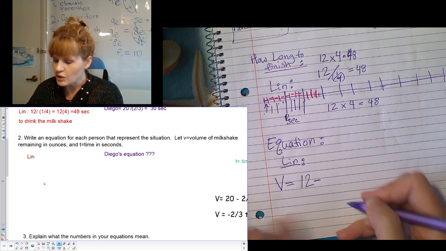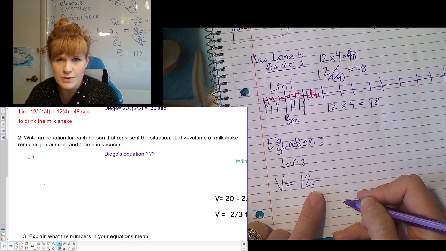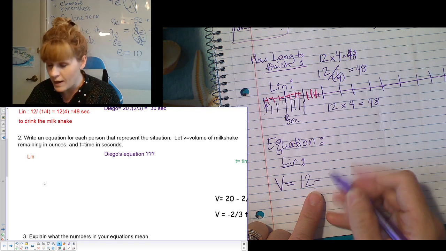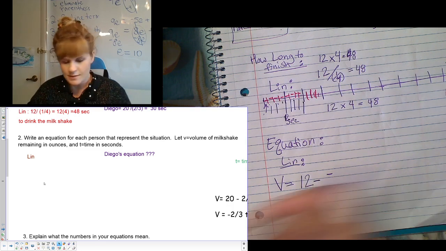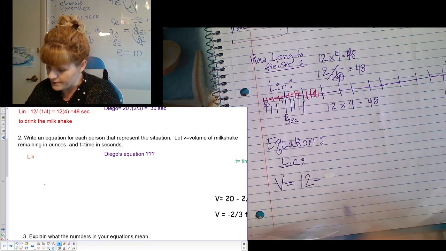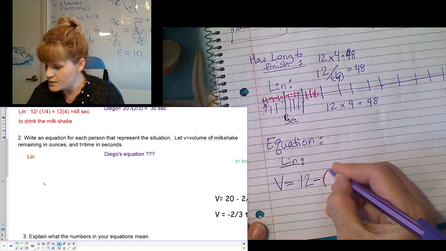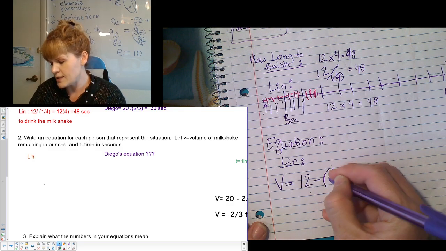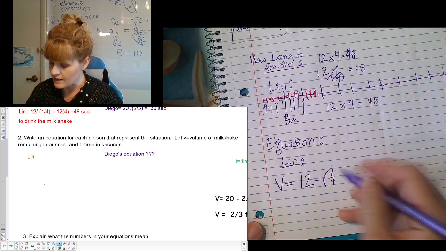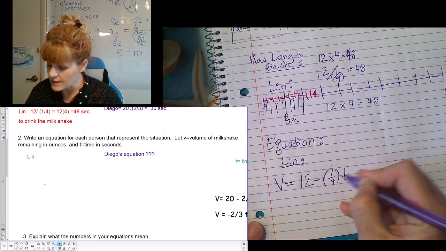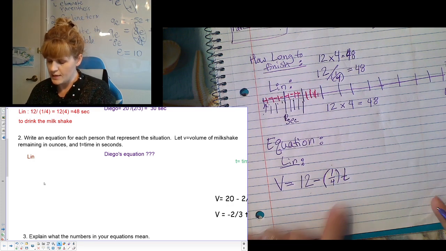And then he's losing volume, so we have a negative rate. He's losing volume at a rate of 1/4 ounce per second. So now we're going to put in T for the per second part.